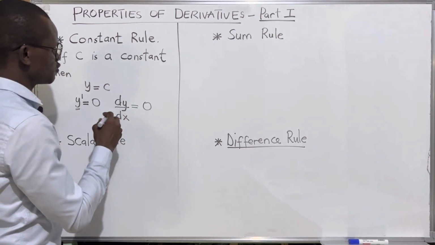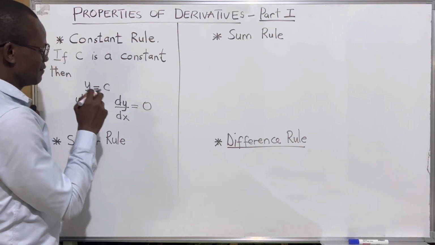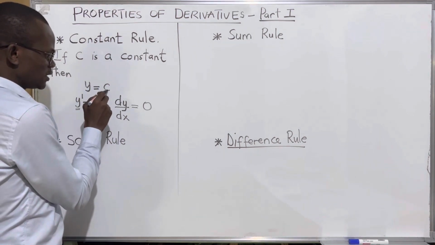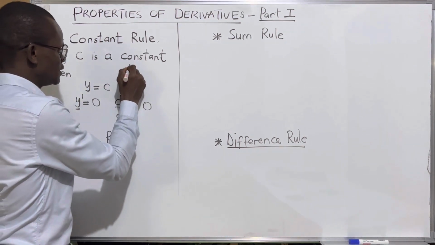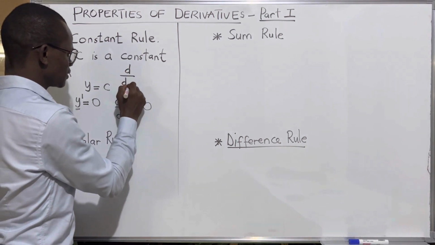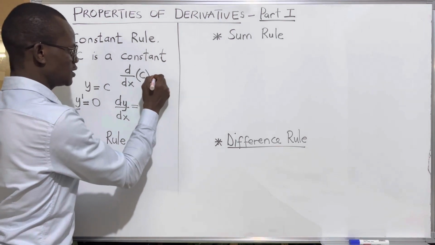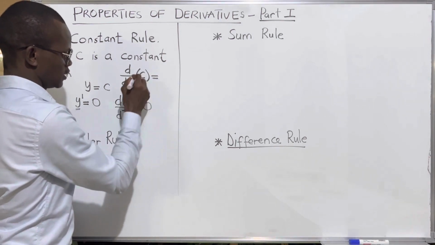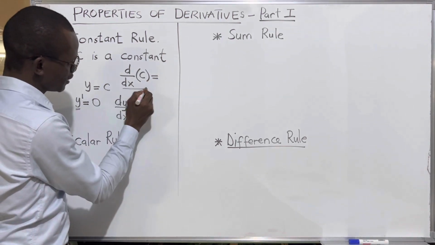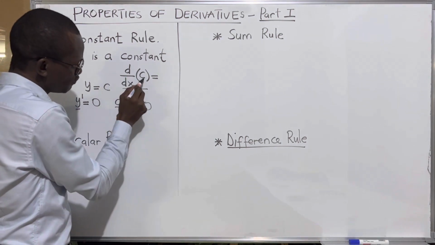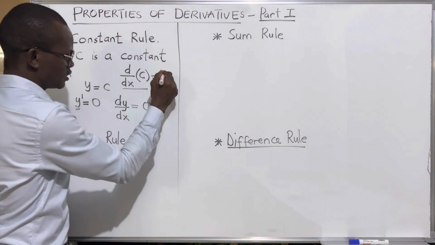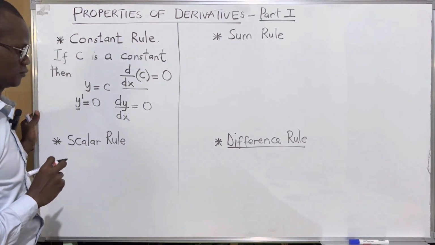So if you want to firstly indicate that you are about to differentiate this C, you can say d by dx of C is equal to, now this indicates that you are about to take the derivative of this constant C. So this is now equal to 0, right?